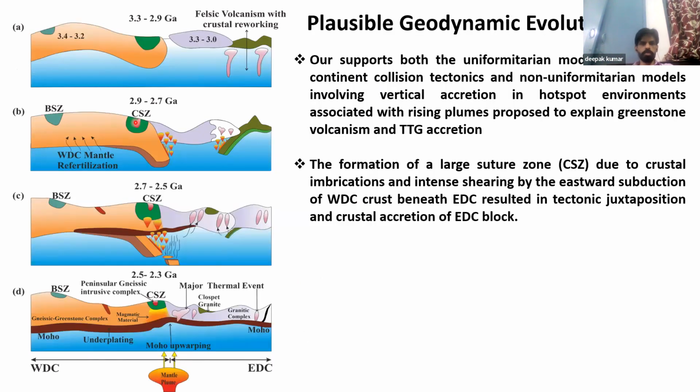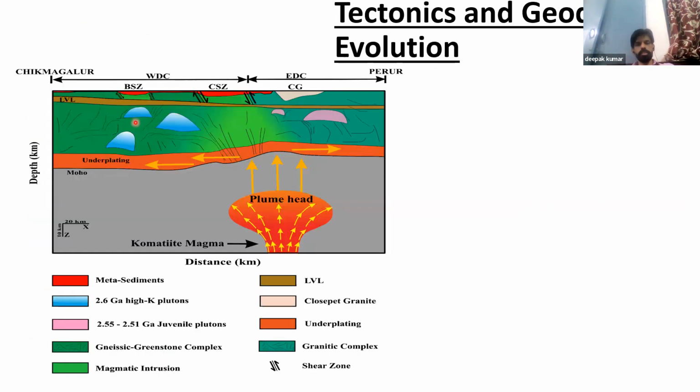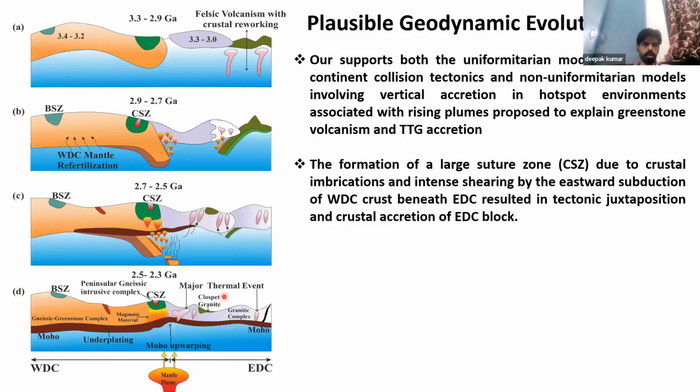I'm not going to talk about this because it is not that important. This is the evolution from all these studies, how I put forward a hypothesis about the evolution of the Eastern Dharwad Craton and Western Dharwad Craton, or all in all the Dharwad Craton. This is all geology, and I'm not going to discuss it.